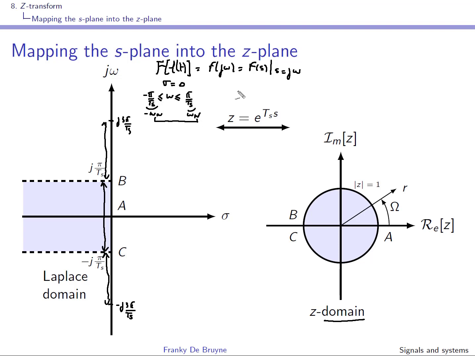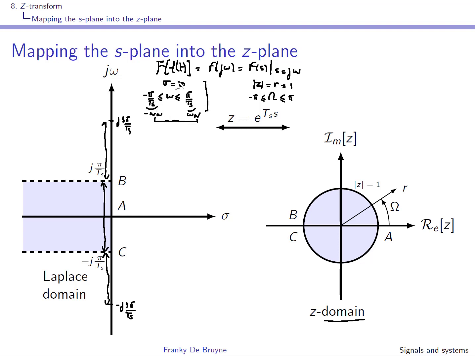So what will happen after mapping to the z-plane? This spectrum on the j omega axis, this region of interest over here, will be mapped to the modulus of z equal to r equal to 1, and this analog frequency range will be mapped to the discrete frequency between minus pi and pi.